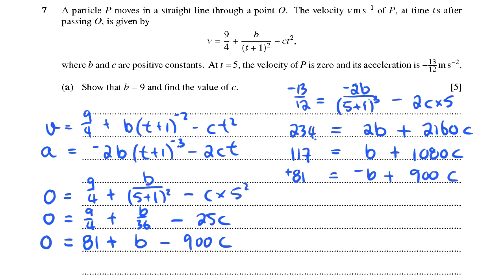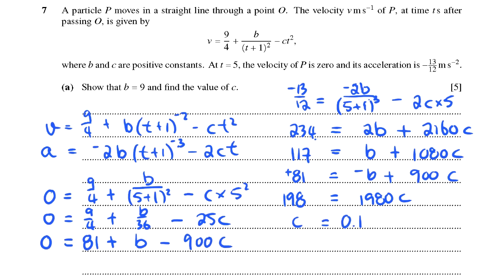Because now we just add the two equations and we will eliminate the variable b. So 81 plus 117 is 198 is equal to 1980c. Well, that's handy. C has obviously got to be 0.1. Divide by 10, 1/10. Good job.